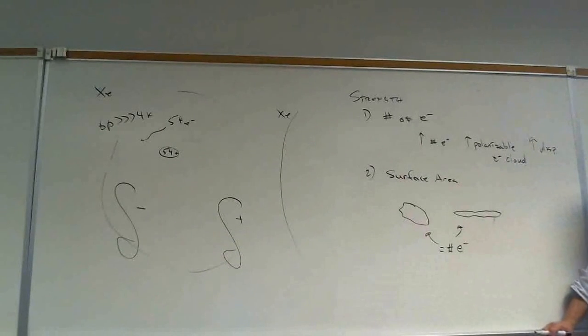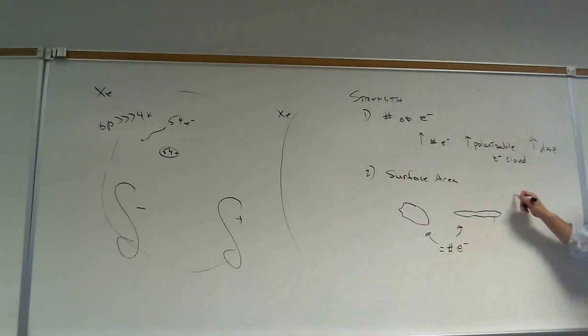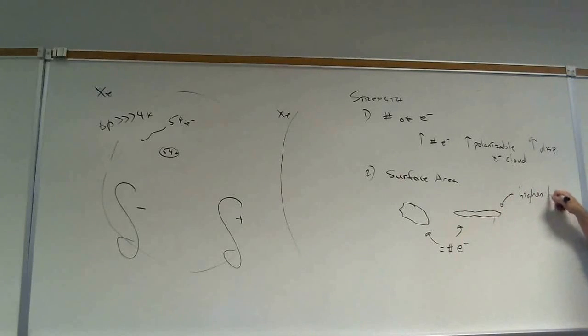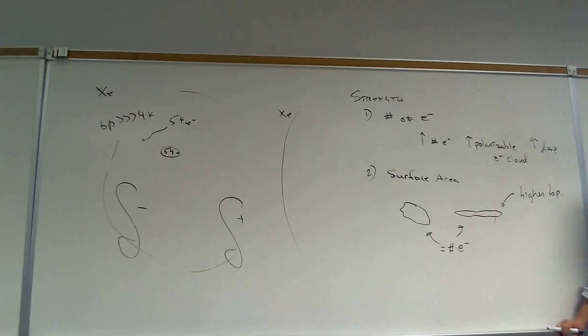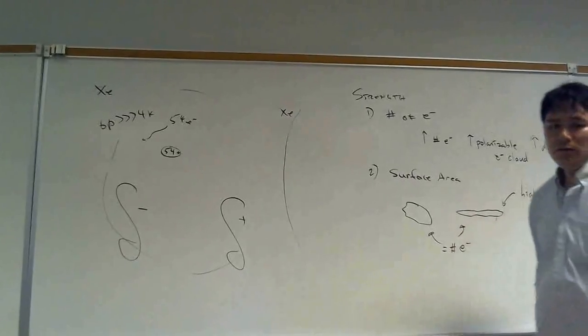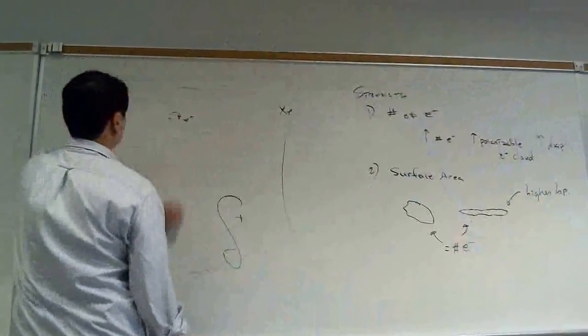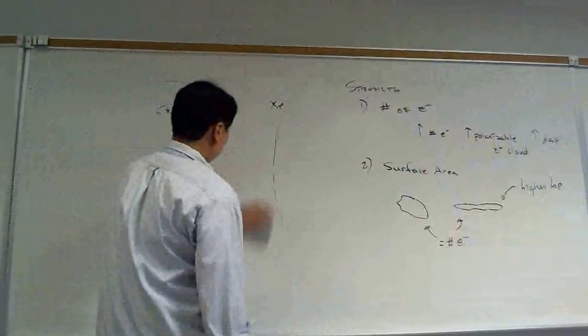Which one will have a stronger dispersion force? It turns out that this one will have a higher boiling point because of the surface contact. And so dispersion forces occur in all molecules. Anything with electrons.